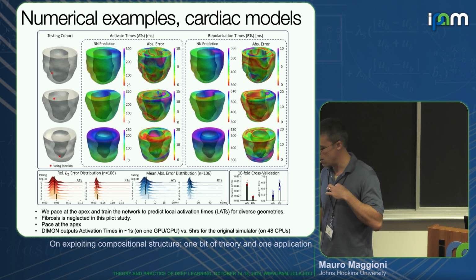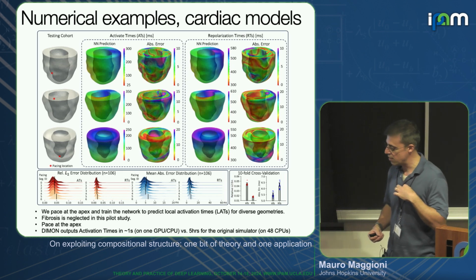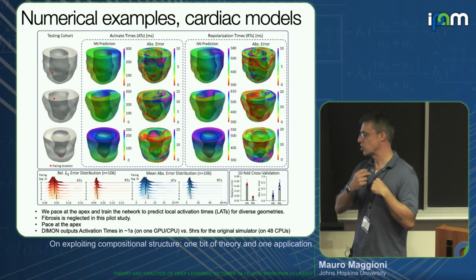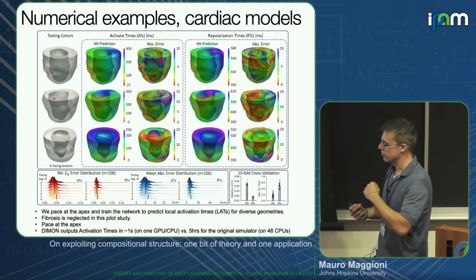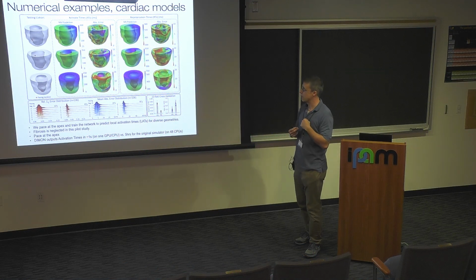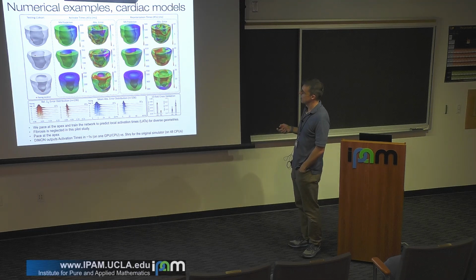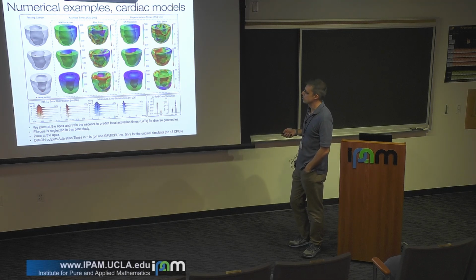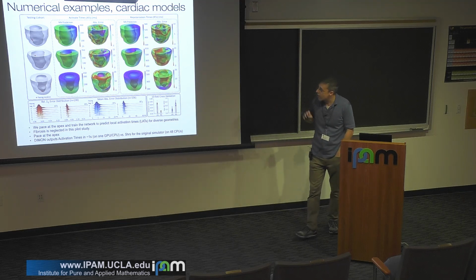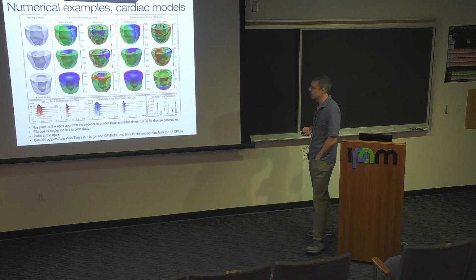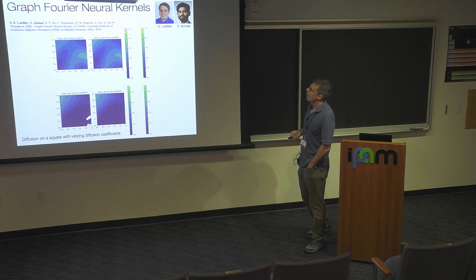So at every point in the heart, you ask when is the first time when an electrical wave started at some other location reaches that point. And the second activation time, the wave goes through and then maybe comes back. And so these are the 2 functions that we try to predict. They're relatively smooth, and we have a prediction error, which is in the 1.5 to 2 digits of accuracy. And we hope that that might be sufficient for at least some of the applications.